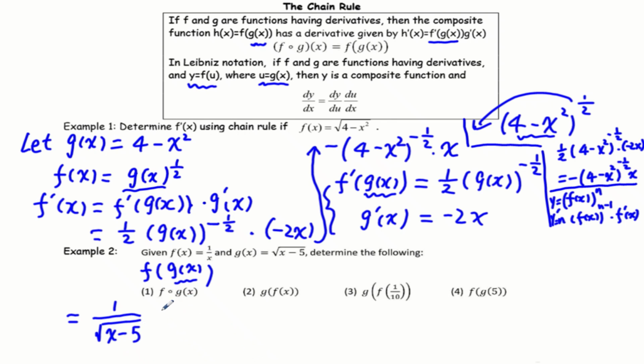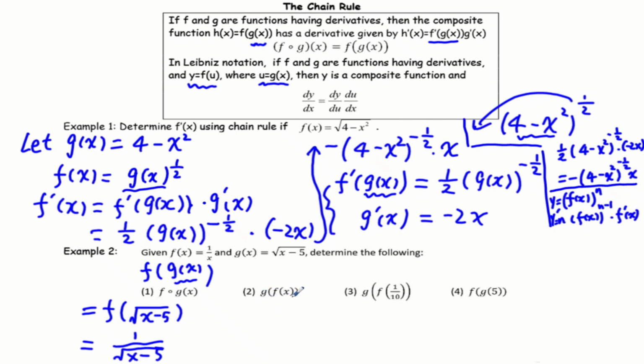I will write more steps. So equals f at input g of x, which is square root of x minus 5 now. So we are going to replace x with this square root of x minus 5. Then this is done, okay?